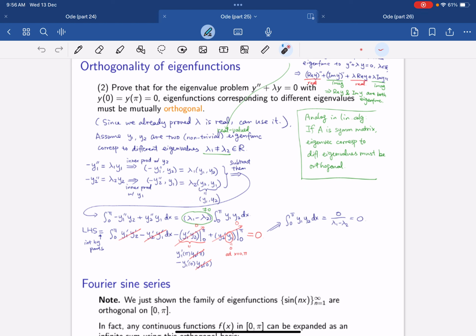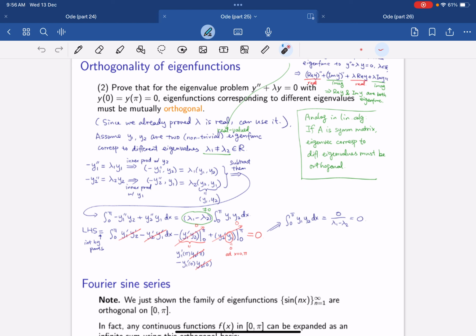So what we do is subtract them. You just need to get used to the techniques of solving it, and it's quite repetitive. You see, this part and this part is the same, so when you subtract them, it's lambda 1 minus lambda 2. But because they correspond to different eigenvalues, this part cannot equal 0.